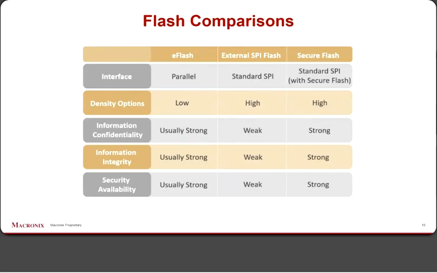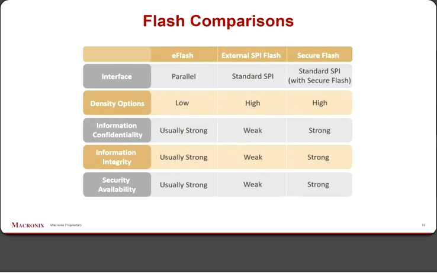And the density options for embedded flash are really quite low comparatively speaking. External SPI flash and secure flash have relatively high density options. And then if you look at information confidentiality, integrity, or availability, availability meaning its ability to not be disrupted, that is actually quite strong for embedded flash.